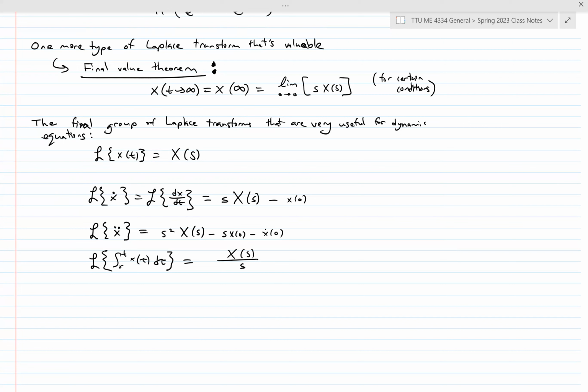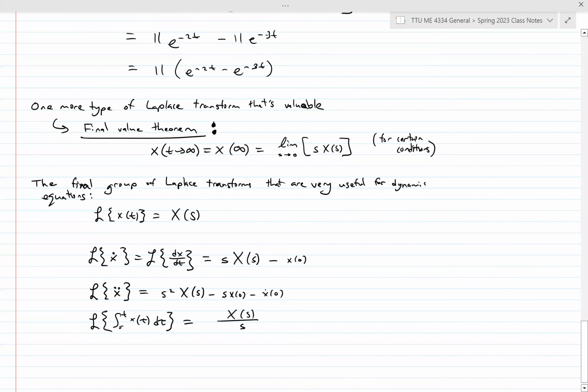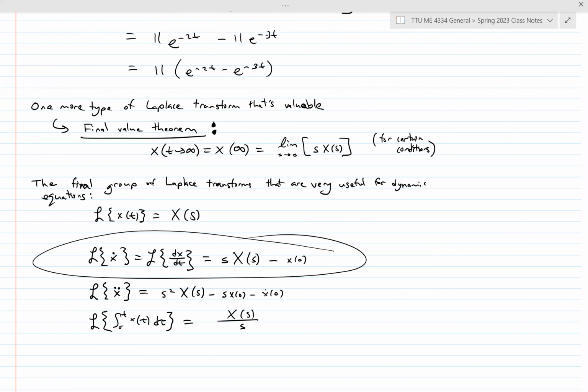Derivatives and integration look like the opposite. For derivatives, we're multiplying X of s times s. For integration, we're dividing by s. In terms of important functions to memorize, obviously you can look all this stuff up online, or put it on a study sheet. But I would definitely know this one because you don't want to waste time looking it up.